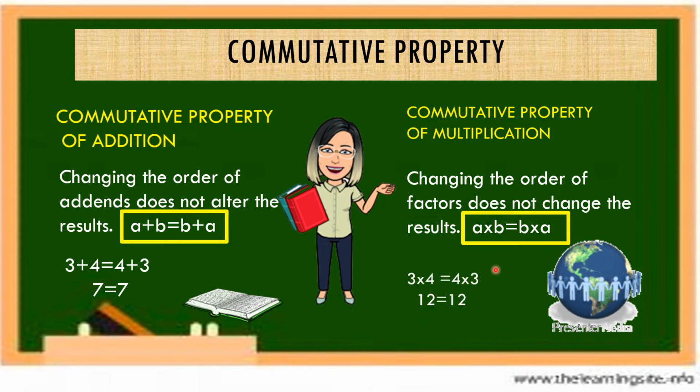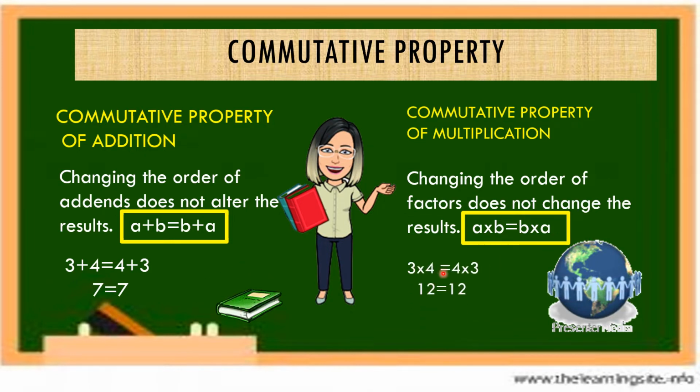Tignan natin. 3 times 4, anong sagot? 12. 4 times 3, anong sagot? 12. Binaliktad natin ang posisyon ng numero. Ang nasa kanan ay napunta sa kaliwa at ang nasa kaliwa ay napunta sa kanan. Kapag tayo ba'y nag-multiply at binaliktad natin yung numero, parehas pa rin ba ang sagot? Ang sagot ay parehas pa rin.